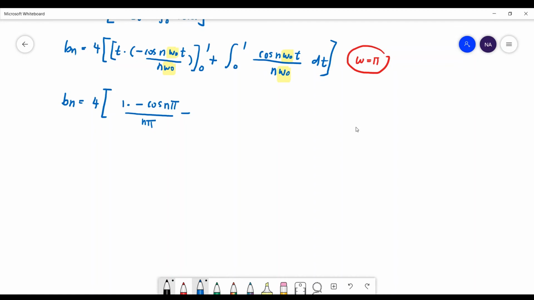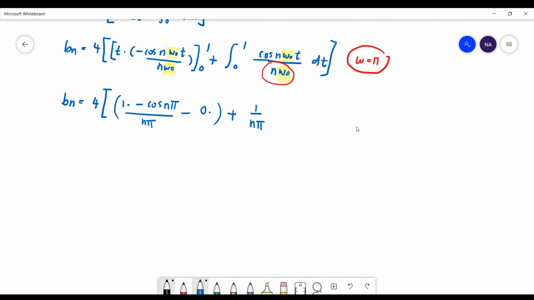So 0 times any cos 0 is equal to 0. Okay, this one plus. So here the denominator I will put outside because it is not required in the integration process. So 1 over n pi.